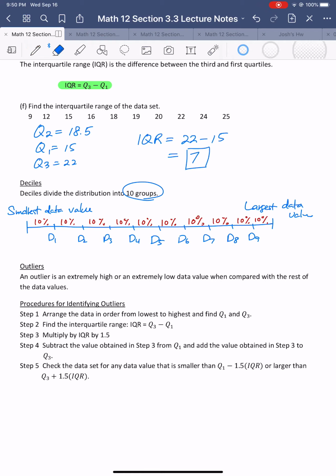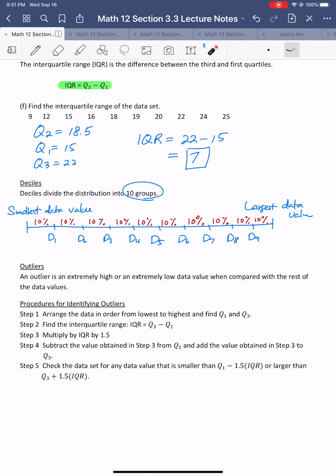All right, outlier. An outlier is an extremely high or extremely low data value from the data set. The procedure to identify an outlier is to write the numbers in order to find Q1 and Q3, because that gives you the IQR. Then you multiply the IQR by 1.5. Then we subtract that value from Q1 for the lower outlier, and add that value to Q3 for the upper outlier.